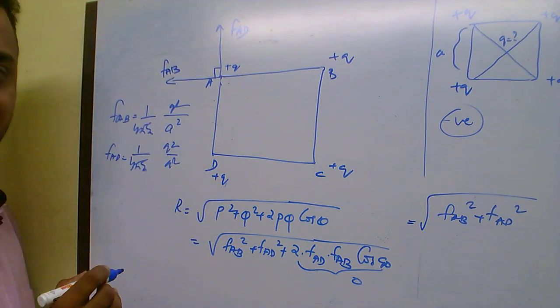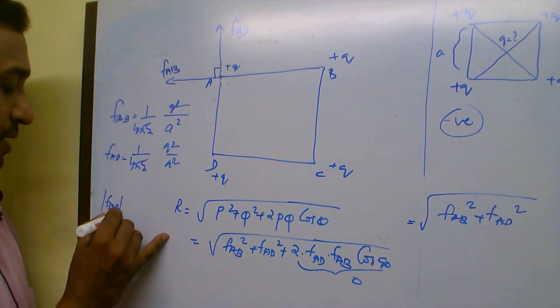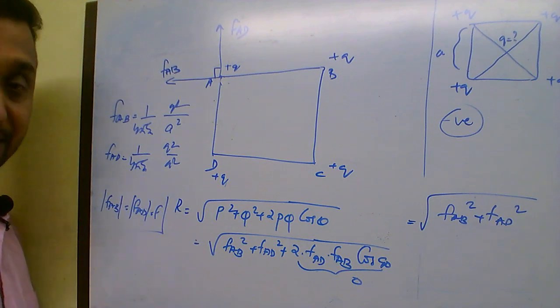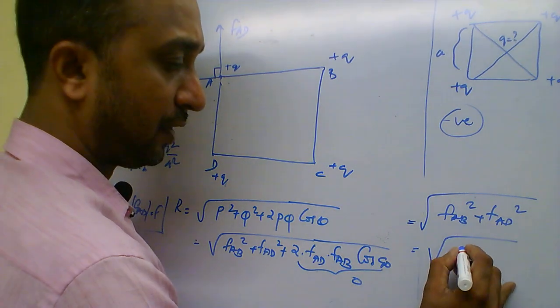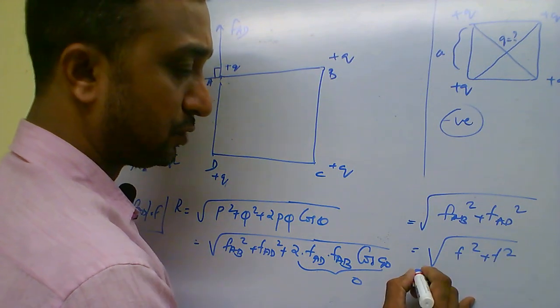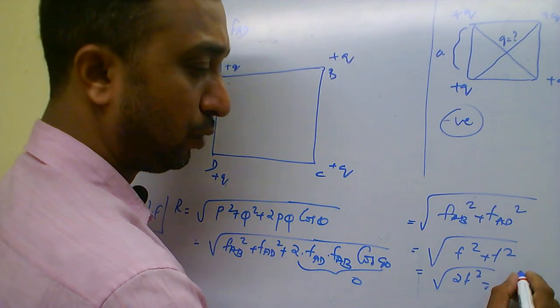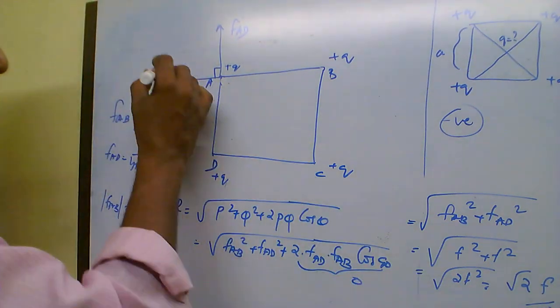So magnitude wise, FAB and FAD are the same. So let me write it as F. So here I can write root of F squared plus F squared, so you will have root of 2F squared, or you can have root 2 times F as the resultant of these two forces.